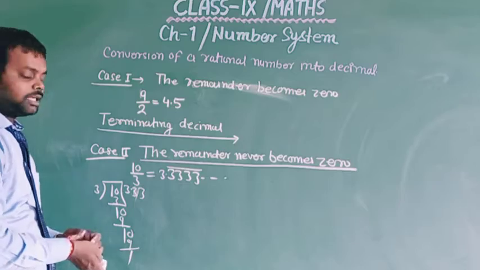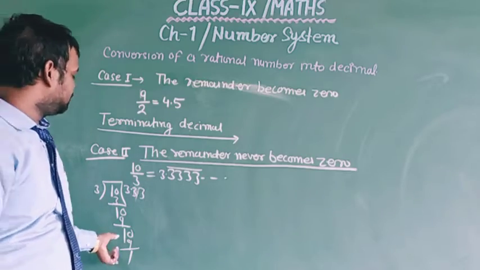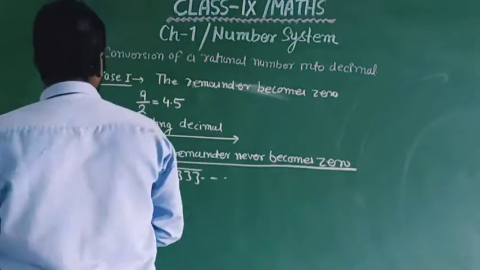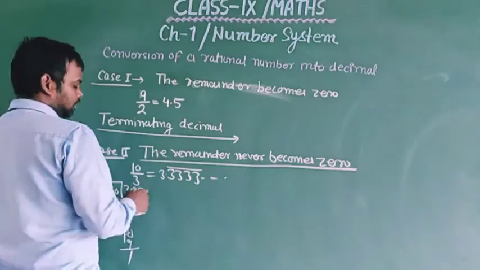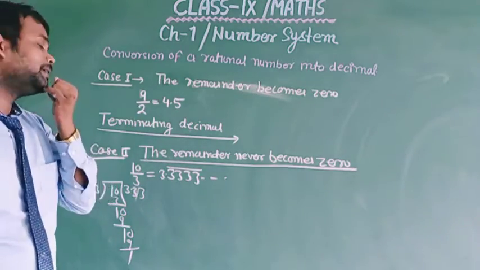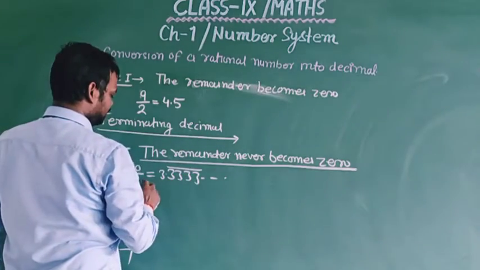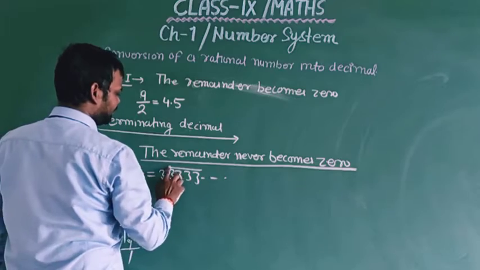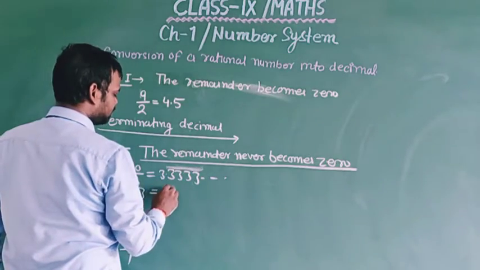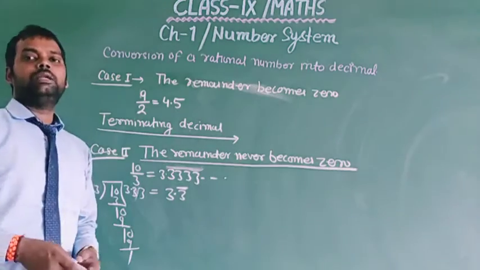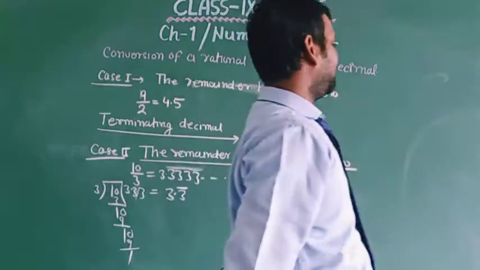Here the remainder never becomes 0 at any number of steps. So such a number is called non-terminating. In non-terminating, for the repeating digit we put a bar.